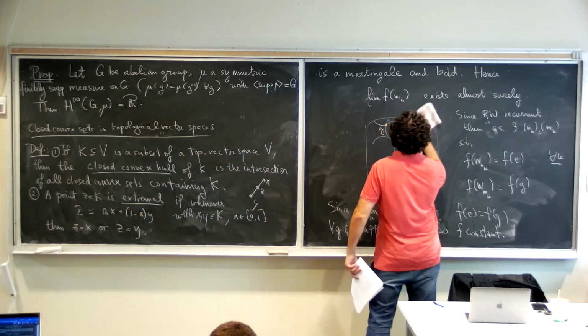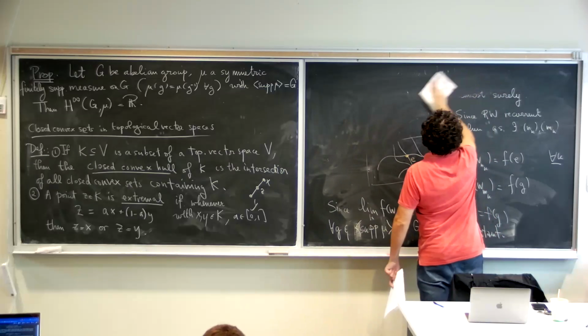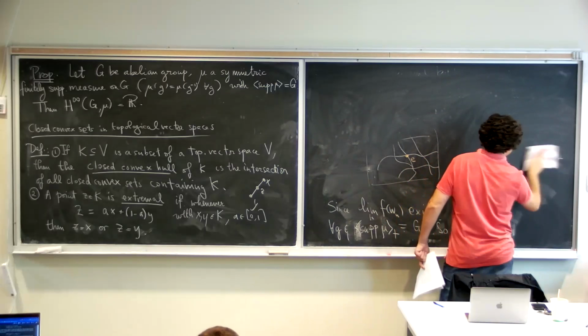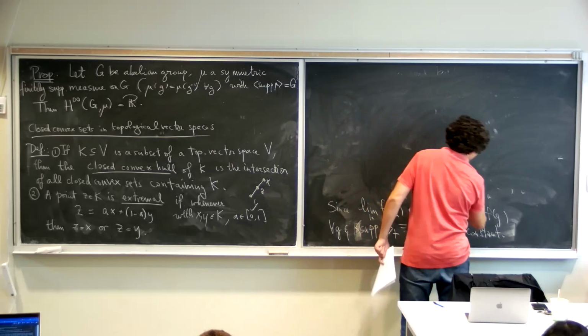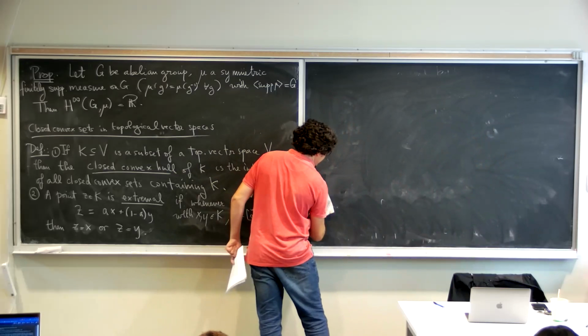And now we have a famous functional analysis theorem that talks about extremal points in a convex closed set in a topological vector space. So what is the theorem?